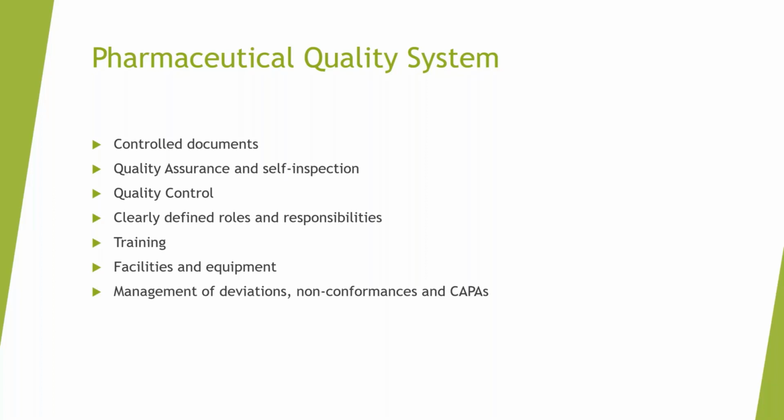It may be in the format of SOPs, or it may be with reference to controlled operating manuals or equipment manuals. Do you have appropriate test methods, for instance? And of course, we would look to make sure that those test methods have been appropriately validated on the equipment that they're being run on.